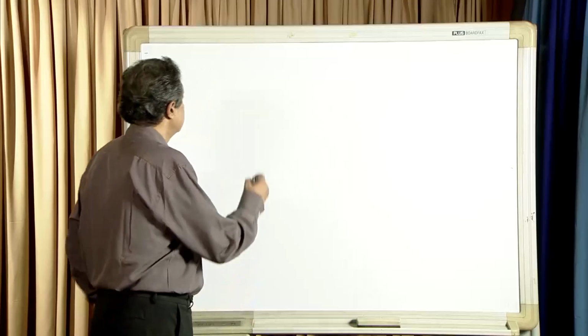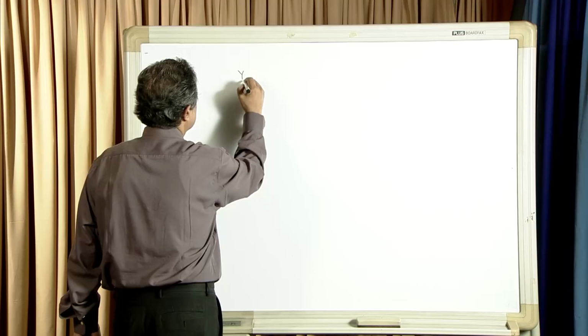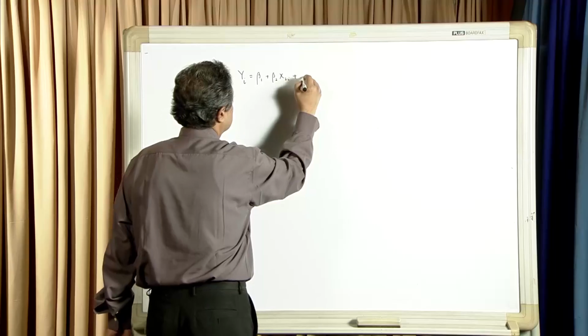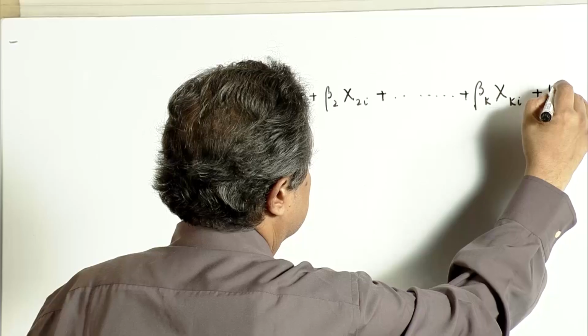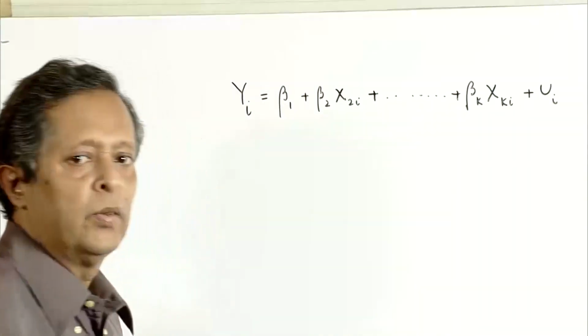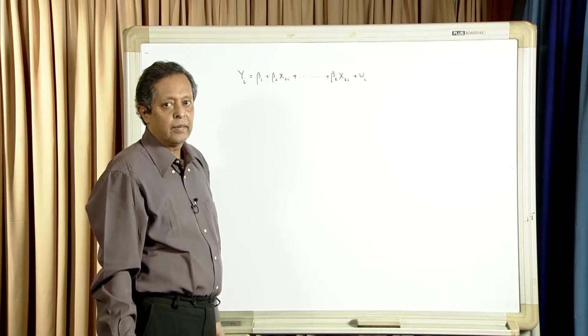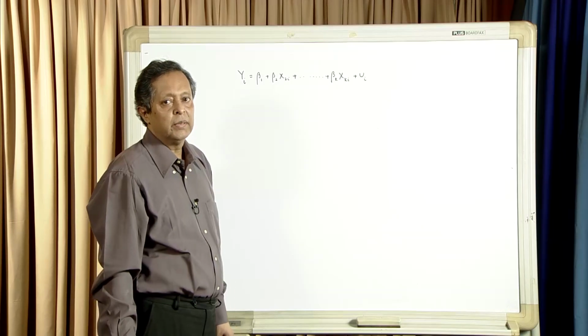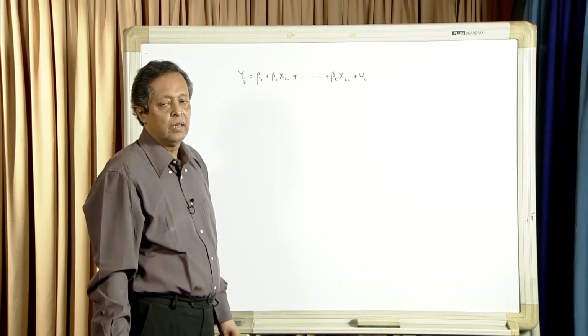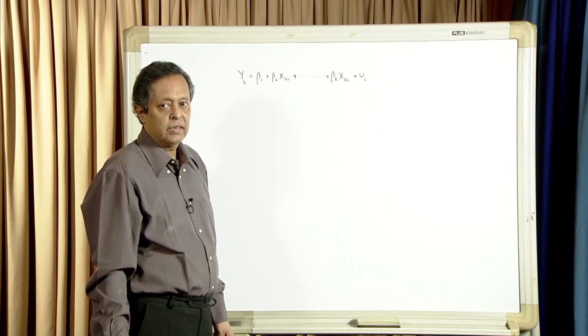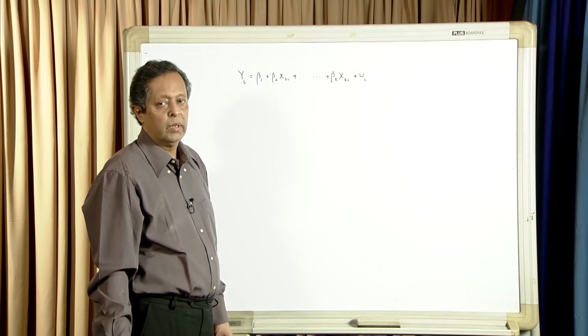Let us consider the following linear regression model. As you can see, this is our familiar k variable linear regression model, and we assume that it follows the classical properties of zero mean, constant variance, homoscedasticity and no autocorrelation.